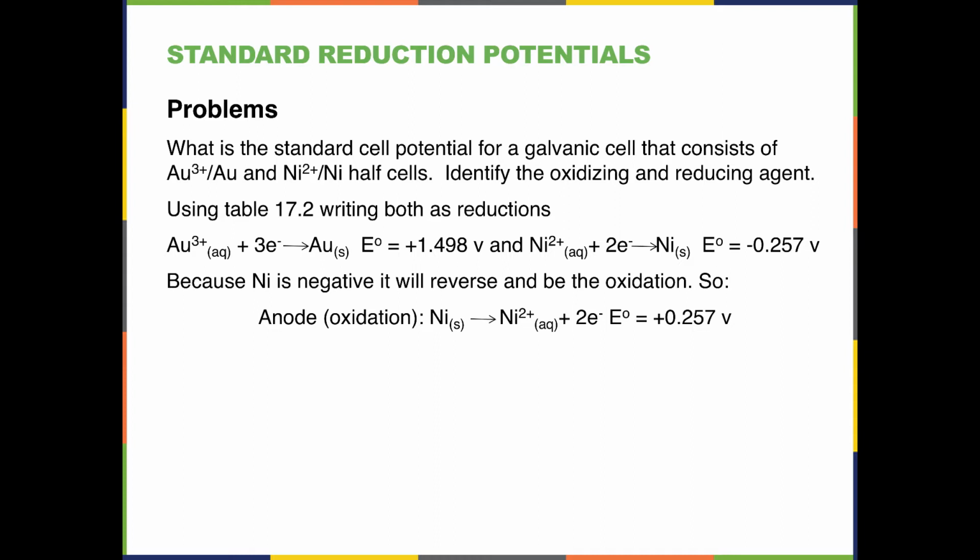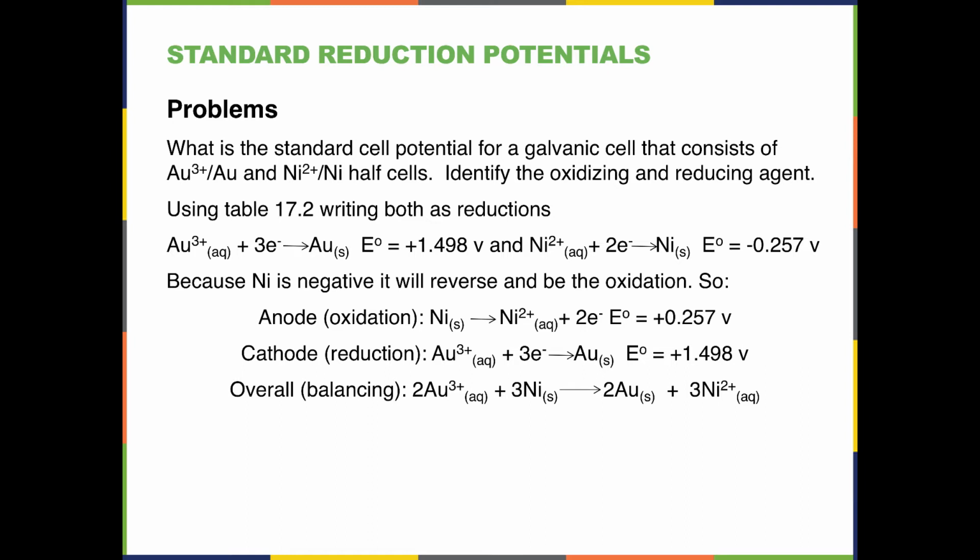The anode then is going to be nickel, which is oxidized. And since you wrote it backwards from what was in the table, it's now 0.257. The cathode is gold, as it's written in the book, plus 1.498.